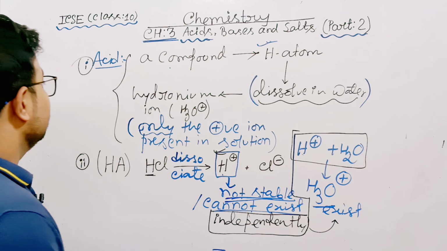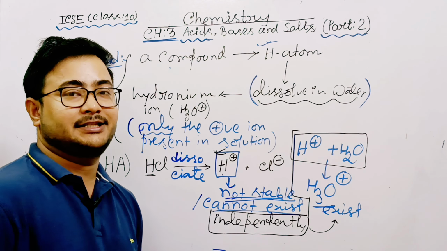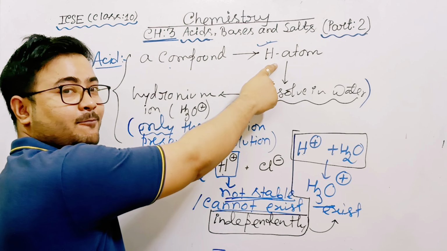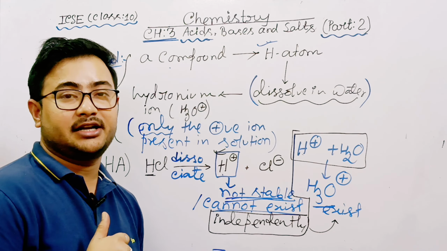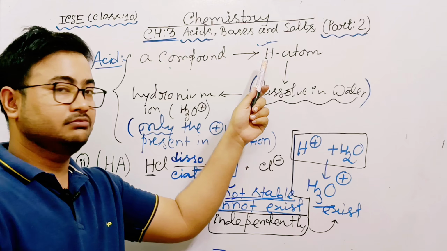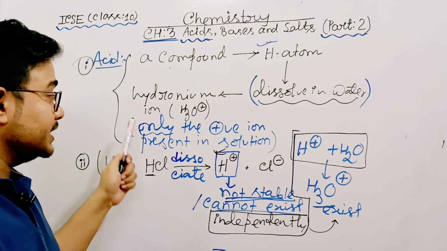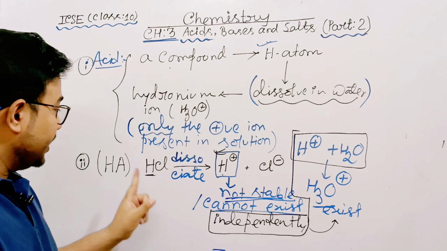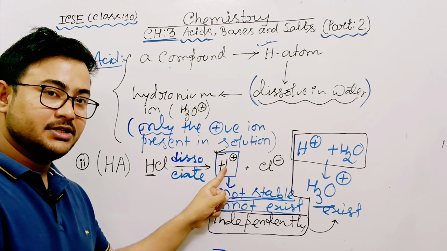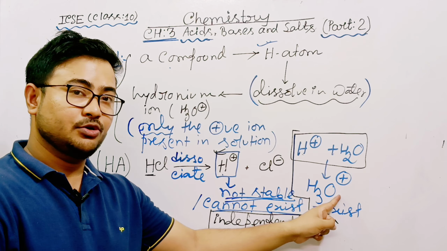If I ask you a question, which atom is common in acid? Hydrogen atom. Okay, so many MCQs are here. When H dissociates it forms H plus, but it is unstable, so it produces H3O plus.